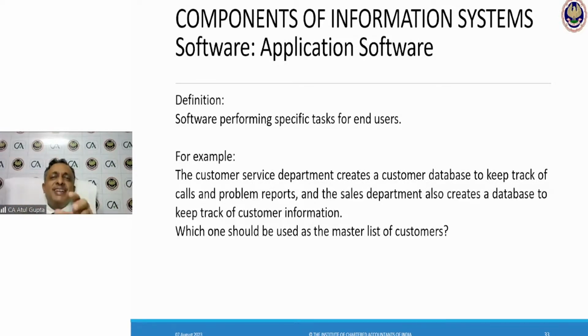Just take this as an example. The Windows operating system is called a close-ended system. Close-ended means once you buy it, you cannot make modifications. But the Linux operating system is referred to as an open-ended system, where if you buy the operating system, you can make modifications based on your requirement.